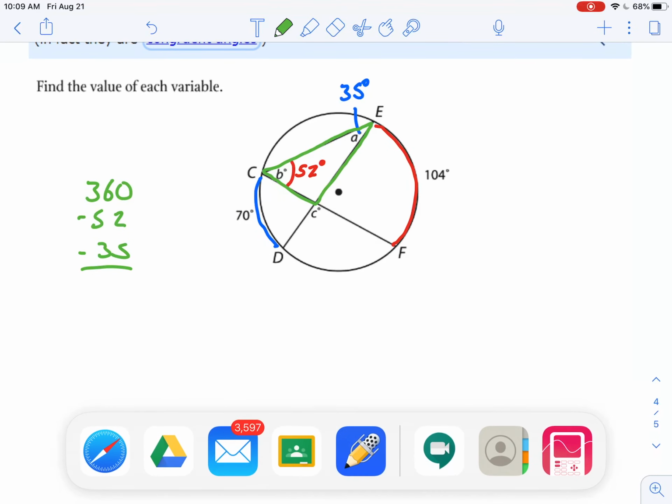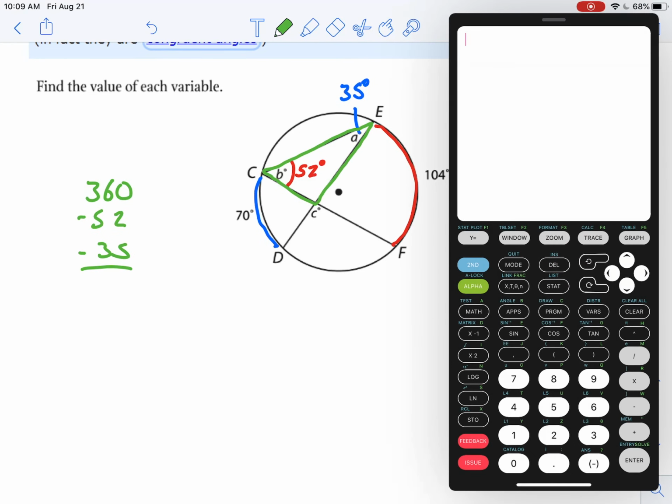So let me go back, bring this up. What did I have? 360 minus 52 minus 35, and I get 273. Oh, I'm sorry. Oh boy, what am I doing? It's 180 degrees. I was getting mixed up with circles and triangles. It's 180 minus 52 minus 35.